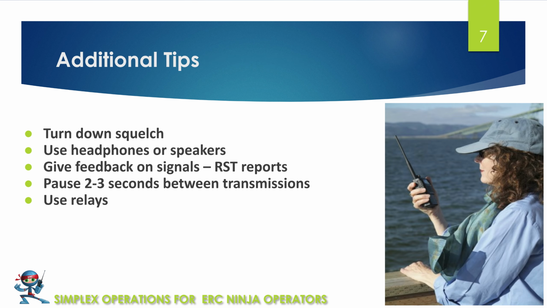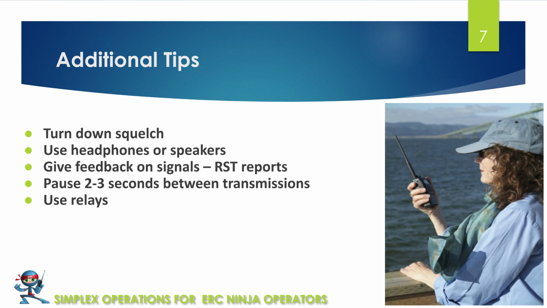Also, turn down your squelch or even off while you're operating simplex so that you can hear weaker stations. Headphones or speakers may help you hear weaker stations. And it's a good idea to help out your friends by giving feedback on their signal. Those are RST reports. Readability and strength.